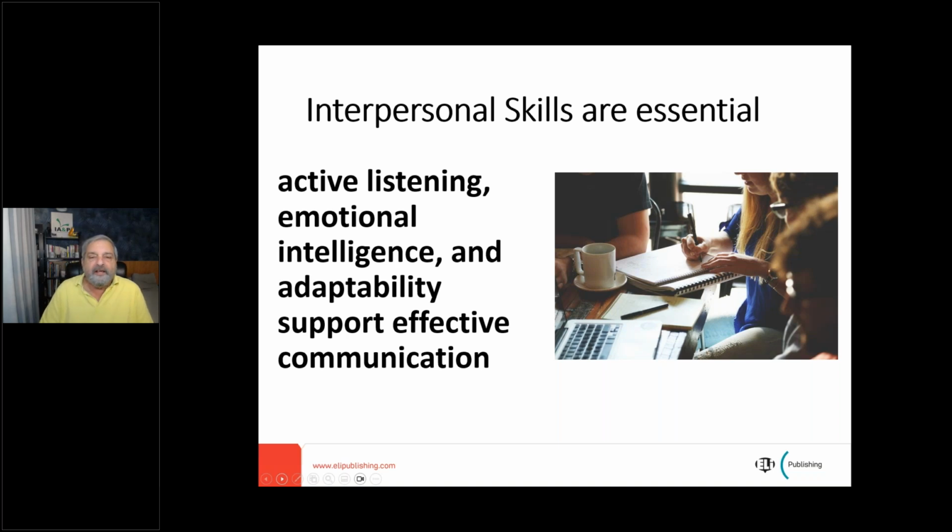So let's talk a little bit about the interpersonal skills. What they include is active listening, emotional intelligence, again, adaptability to support effective communication. Now, what do we mean by active listening? Active listening is really the importance of making sure that you understand what the person is saying and responding appropriately to what it is they've said.